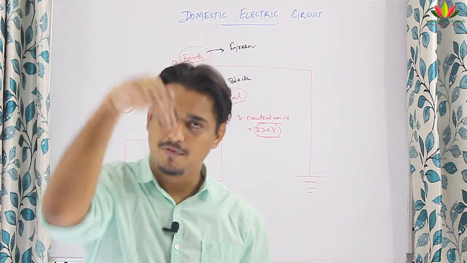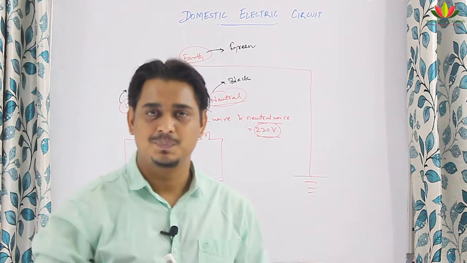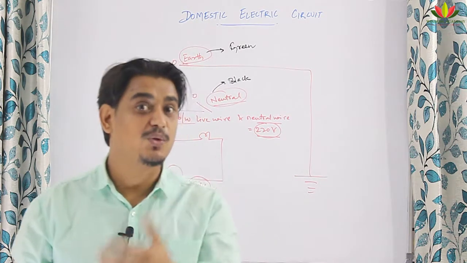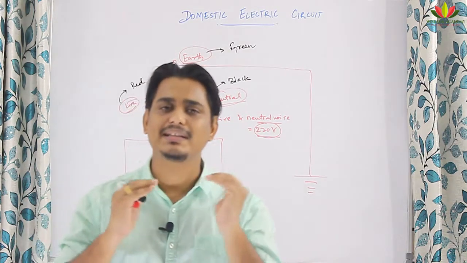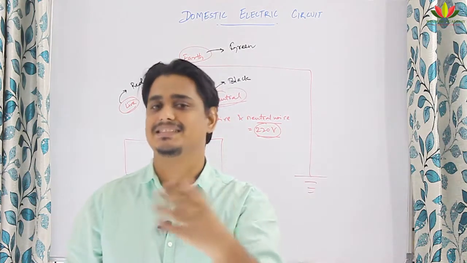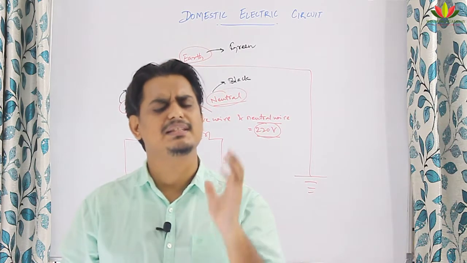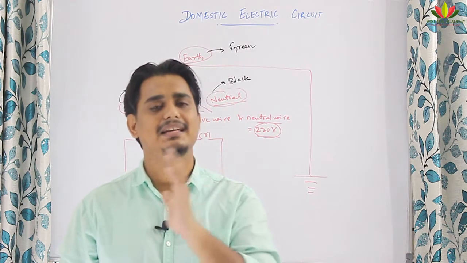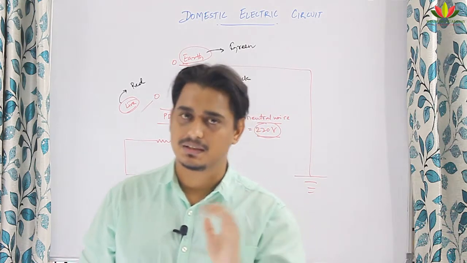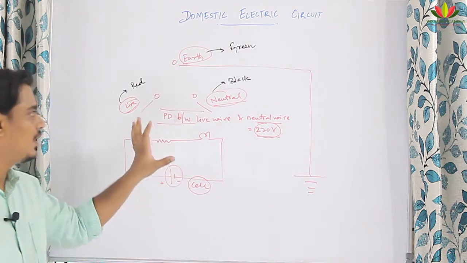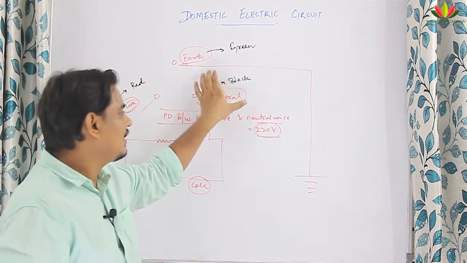We will bury it and put a plate there. Generally they should do that. Many homes don't do that, it's not safe. But generally when we construct the home, we must take all the earth wires and bury them inside the earth, so that if any excess current comes or any overloading happens, that current is sent to the earth. So you understood what is live wire, what is neutral wire, and what is earth wire.